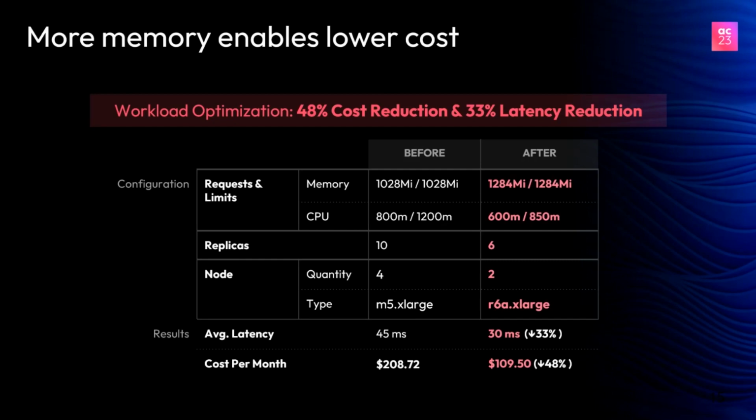So it reduced that CPU request and limit, and then we moved on to the node type. Since it's a memory intensive application, we selected a memory node, which happened to be an AMD node as well, and because these R6A X large has double the memory of an M5 X large, we were able to run this workload on half the number of nodes.